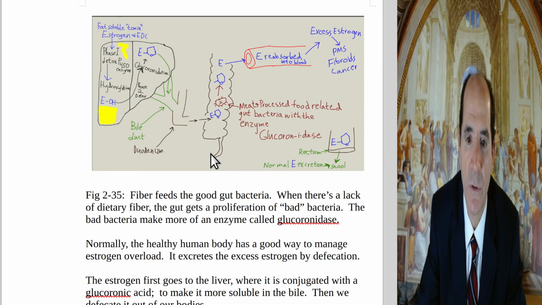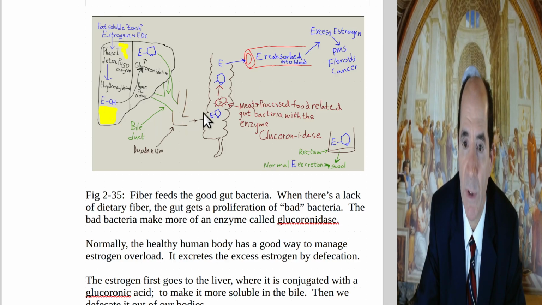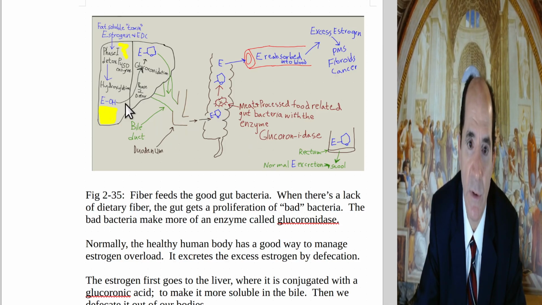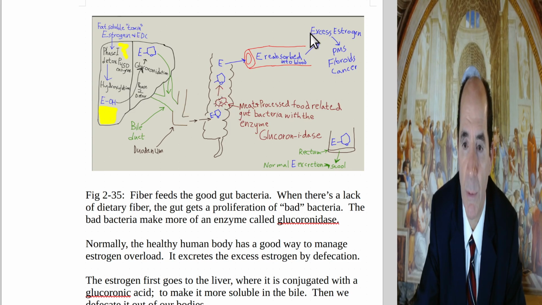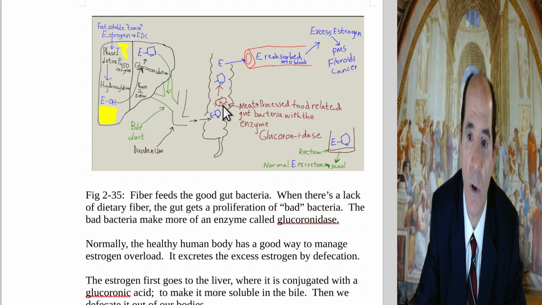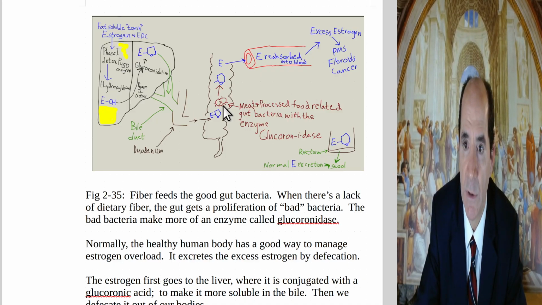Okay, this was also a little bit about how your estrogenic levels go up because the bad bacteria also have more of an enzyme called glucuronidase. So the previously excreted estrogen that's conjugated to glucuronic acid, the glucuronidase enzyme from the bad bacteria cuts it, and then the estrogen's reabsorbed into the body. Higher estrogen levels are slightly prothrombotic in and of themselves and to a mild degree contribute to amyloid clotting.